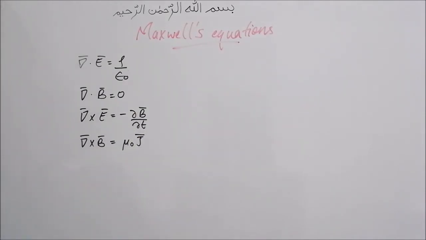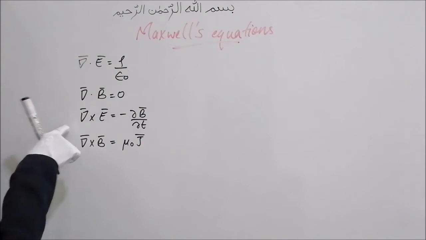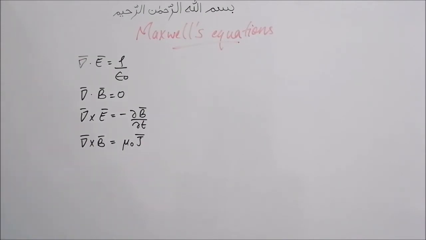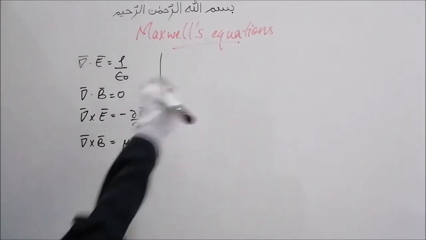Now we also know that the divergence of a curl is 0, right? So when we take the divergence of this curl and the divergence of this curl, both of them should come out to be 0. Let's do that.